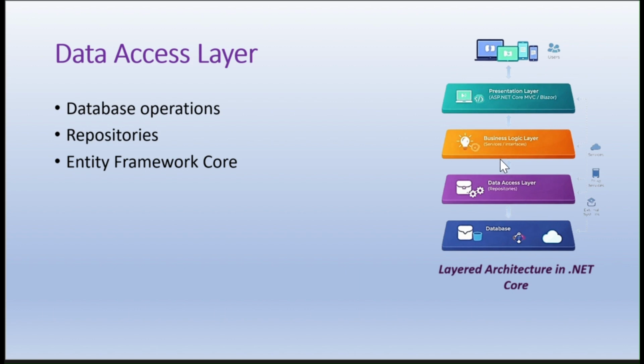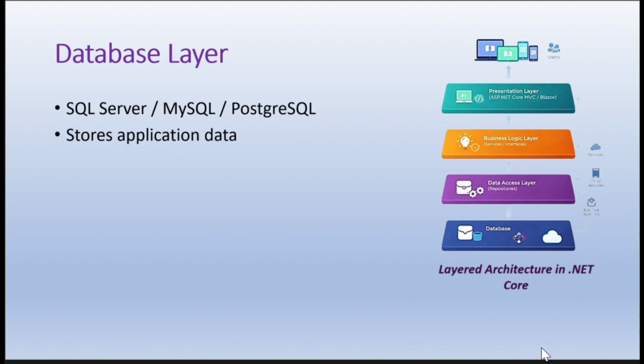So we send requests from the presentation layer to the business logic layer. Here we handle all the user related conditions, and after that we send requests to the data access layer, and then the data access layer communicates to the database.